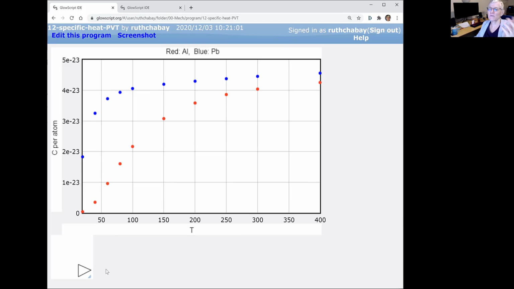So if we just tell VPython to do these calculations, first we have to calculate the amount of energy in one quantum for aluminum and lead, which we can do knowing the interatomic spring stiffness. We can predict the temperature as we start putting more and more energy into these things.